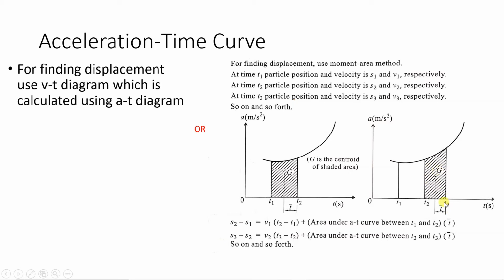From the farther point we have to take the centroid. So we are basically taking the moment of area, that is why this is known as the moment area method. So if an AT diagram is given to you, this is how to calculate the change in displacement, and we will do one numerical later on.